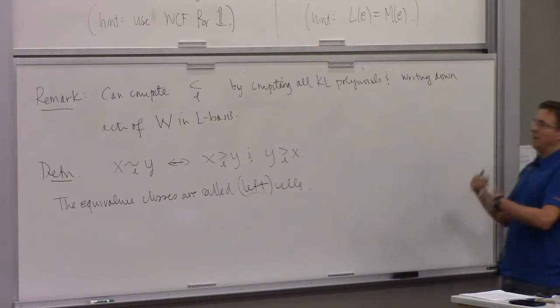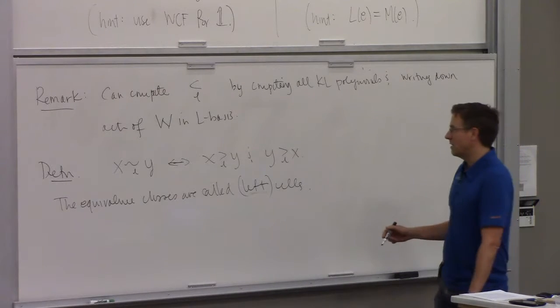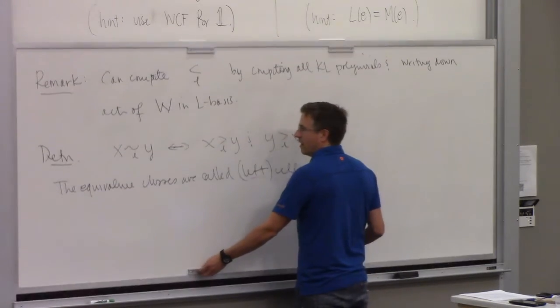And again, if I'd used the right regular representation, we'd have a notion of right cells. If I'd used both of them, we'd have two-sided cells. Okay, so what structure do we have here?